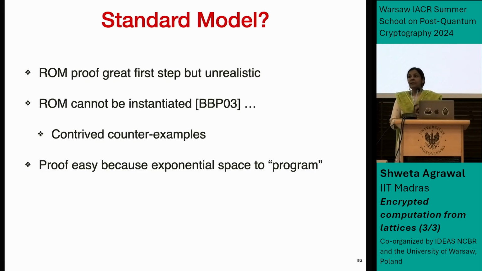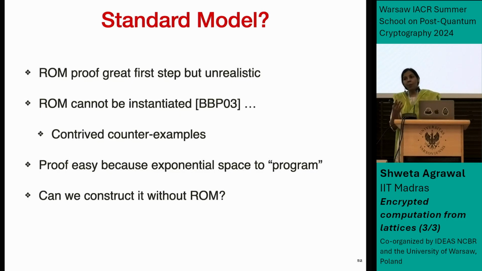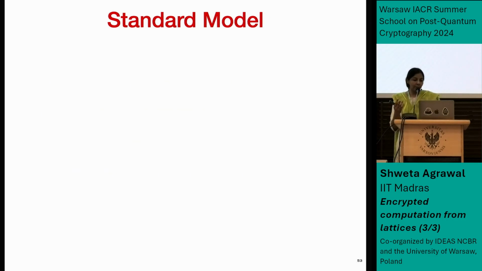In the real world, of course, there is no such table that exists. So it's unclear how you would get a proof that works without the help of the random oracle. Okay, so this is the key technical challenge. And the question that we'll answer next is, can we construct it without the random oracle?